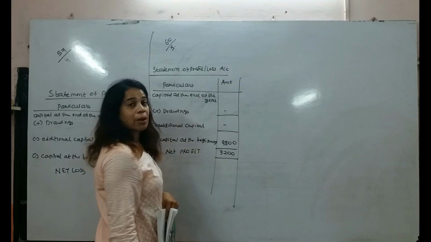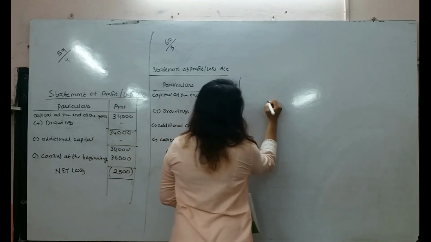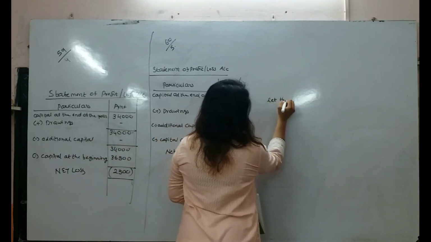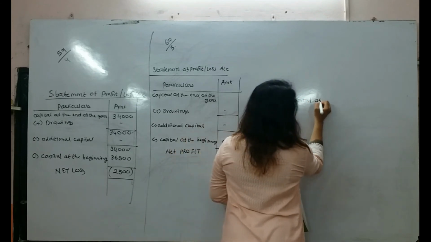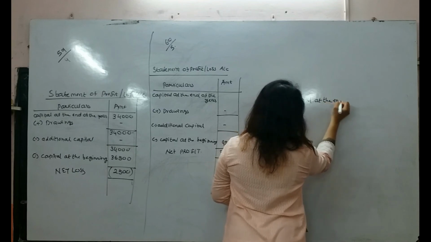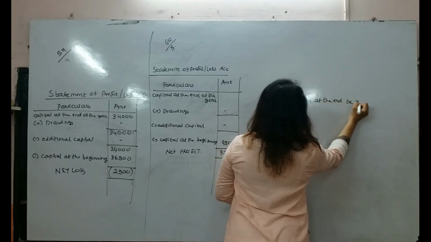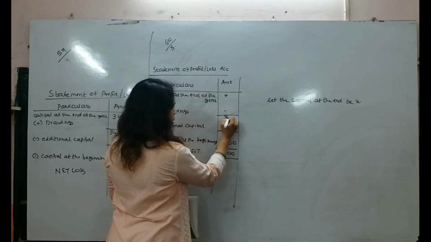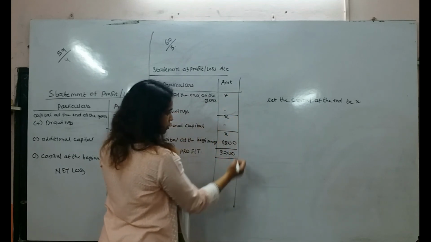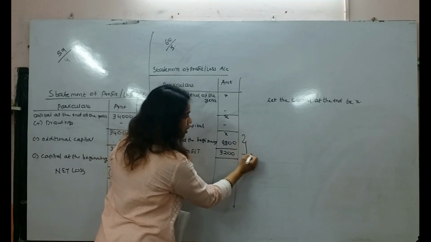Now, what do we need to find out? We want to find out the capital at the end of the year. So here, see the calculation. Let the capital at the end be x. Now see, x plus 0 we get x, x minus 0 we get x. Now here we get an equation.